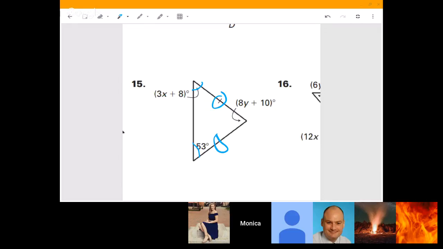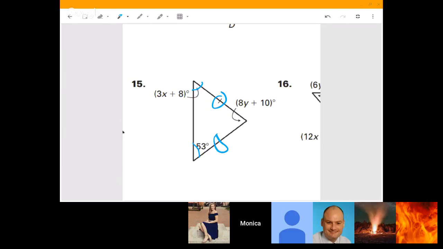Yeah, they're congruent. So that means we can set them equal to each other, right? So we should be able to solve for x and figure out what x is.